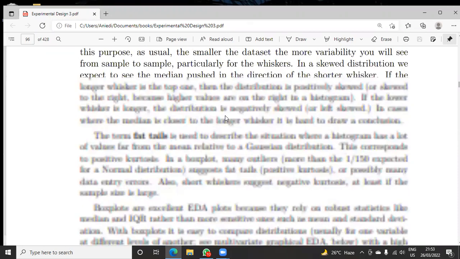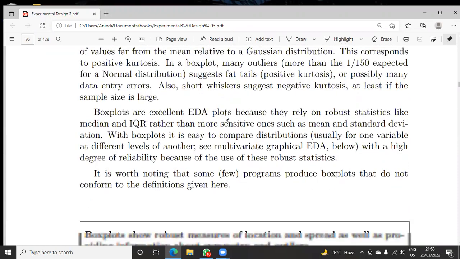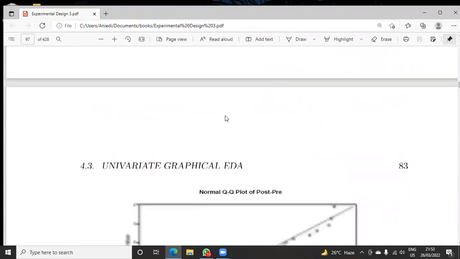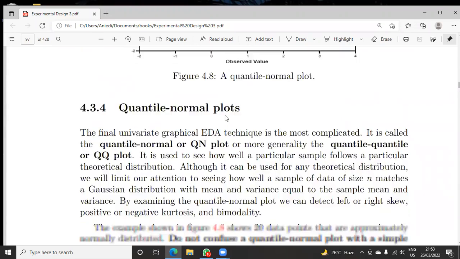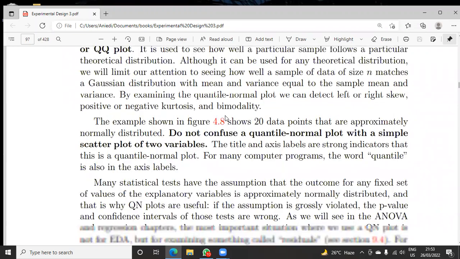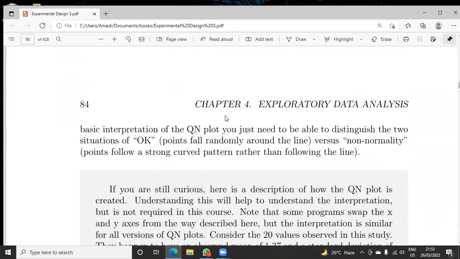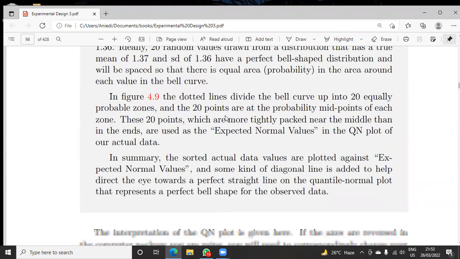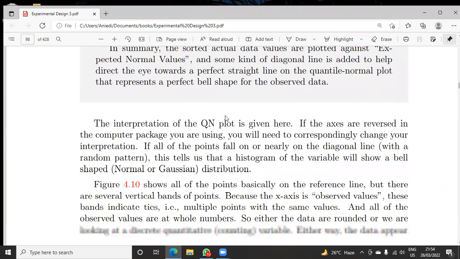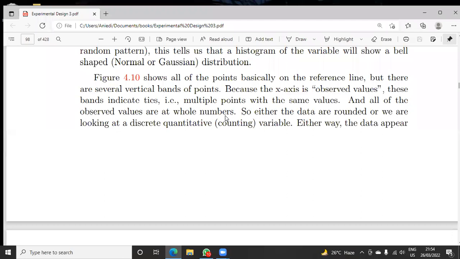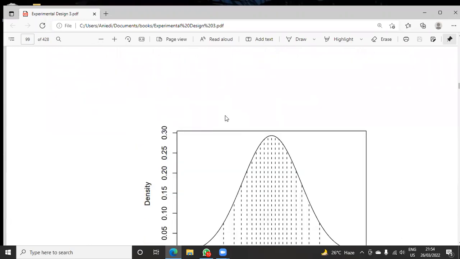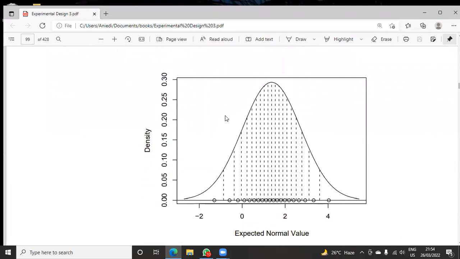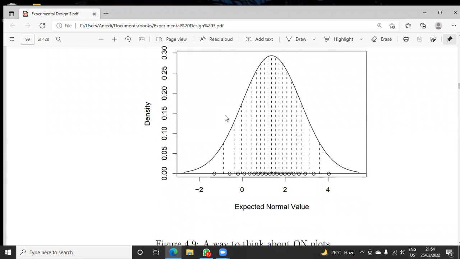I think we'll continue next class with the quantile normal plot. We won't go into calculation. This calculation is very tedious. When you are running analysis, you just use the computer to give you this, and this, which we will definitely get to in future.